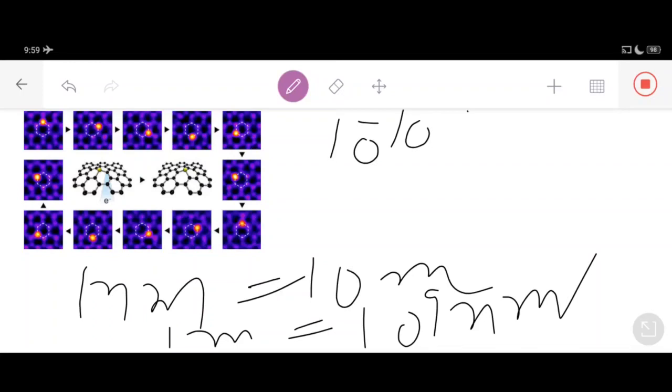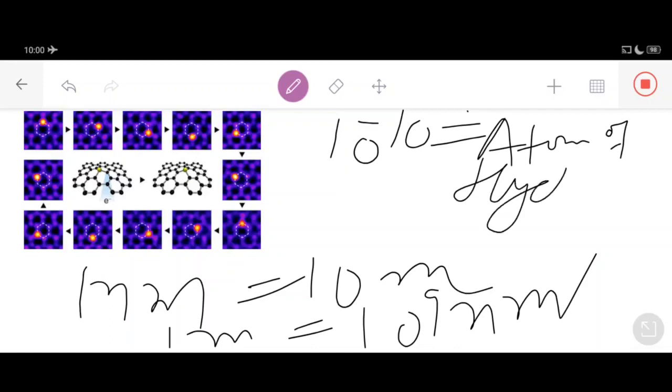The atom of hydrogen has an atomic radius of 10 raised power minus 10 meter, my dear students. We are calculating this atomic radius in meters.